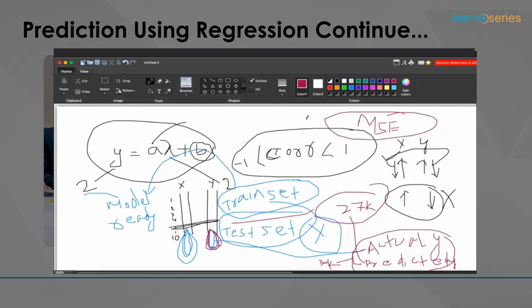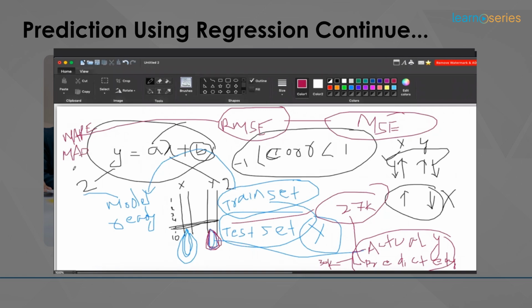One is called mean squared error, MSE. Another one is called root mean squared error. These two are the matrices used for regression. Apart from that, the matrices we use are MAPE, mean absolute percentage error, and MAD, mean absolute deviation.